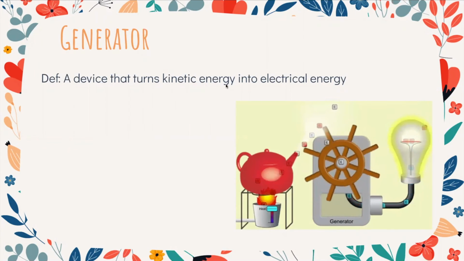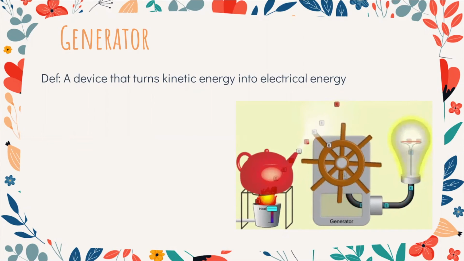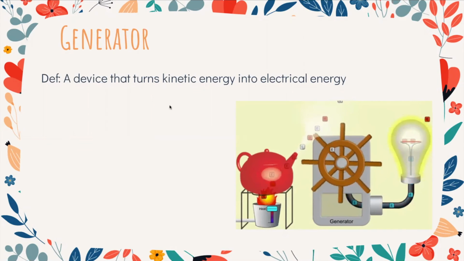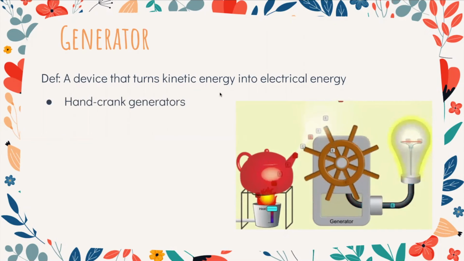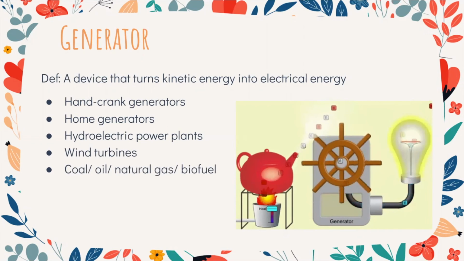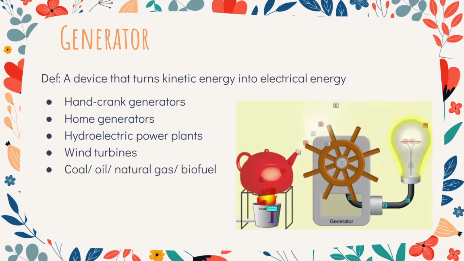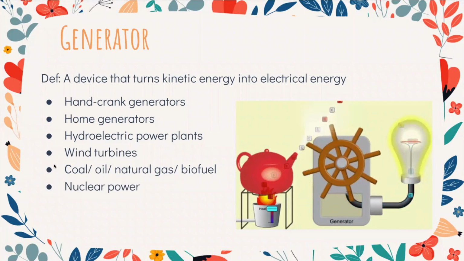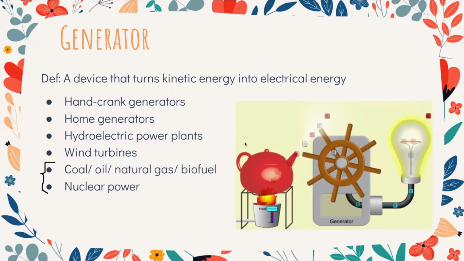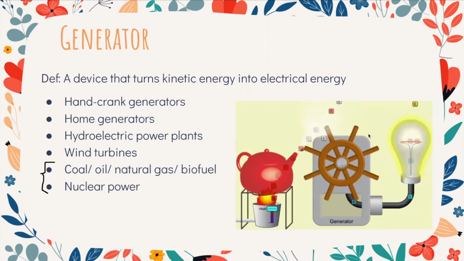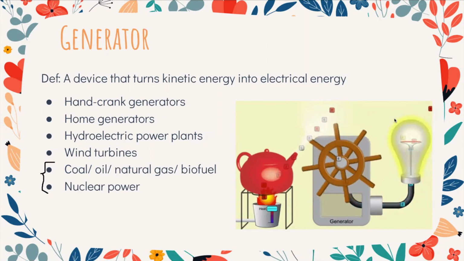But in fact, the most common form of generator isn't wind or hydroelectric or human powered or running on an engine, these would be things like coal, oil, natural gas, biofuel, and nuclear. All of these at the bottom here actually use heat and steam to turn the generator to create electricity.